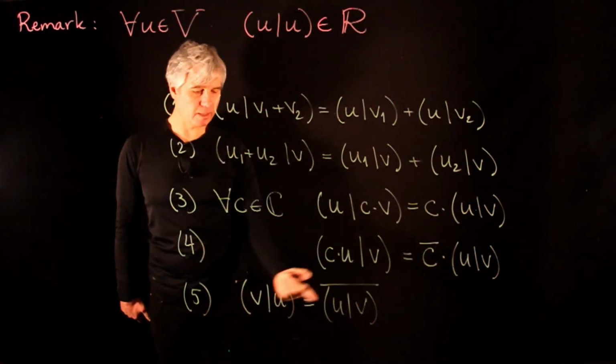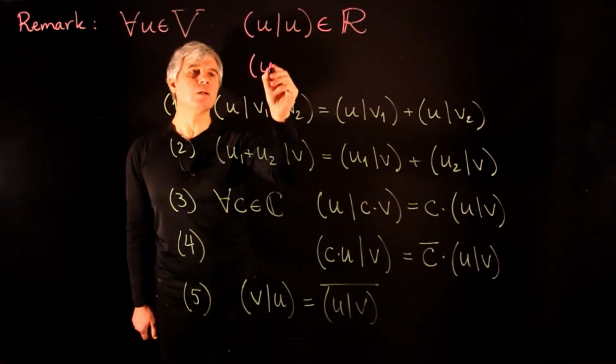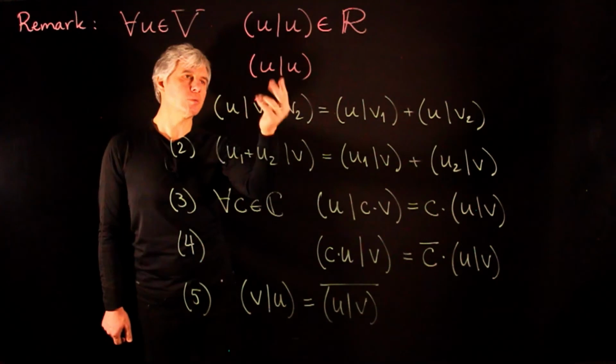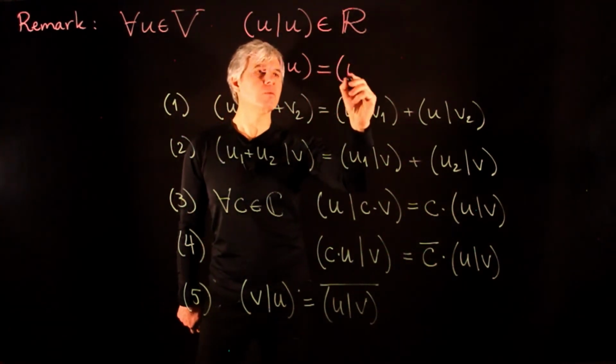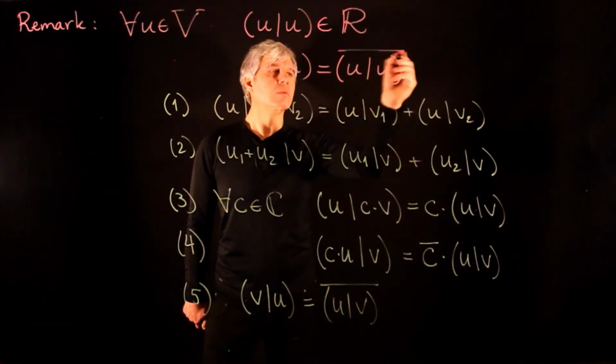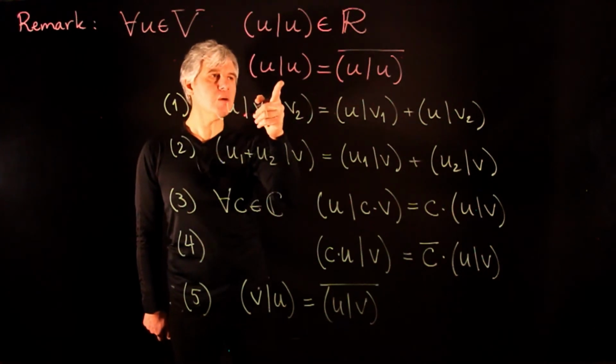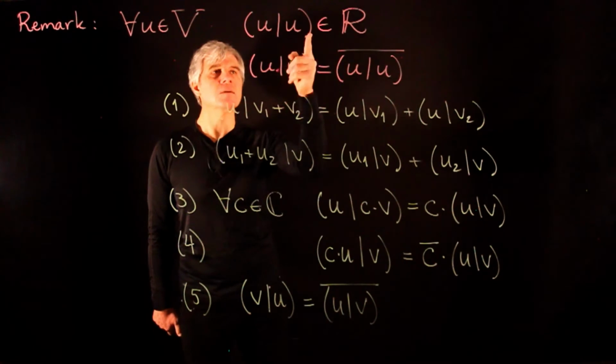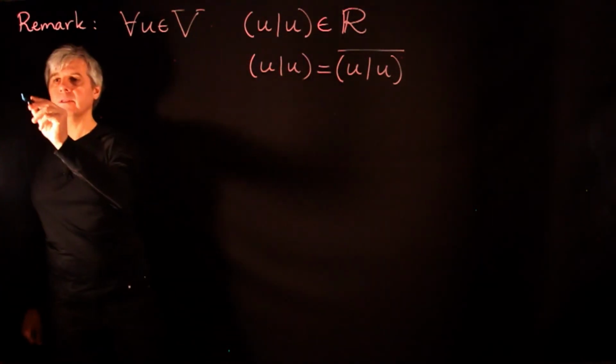Indeed, by our last property, if we change the order of terms, then we will get (u, u) bar. So this complex number is equal to its complex conjugate, and thus must be real. We give a definition.